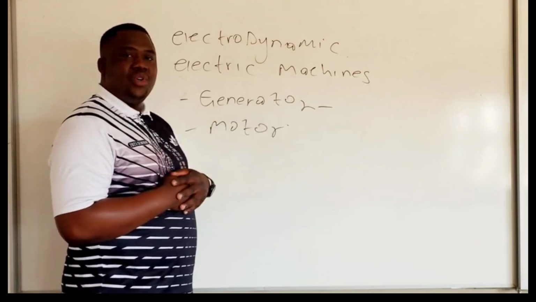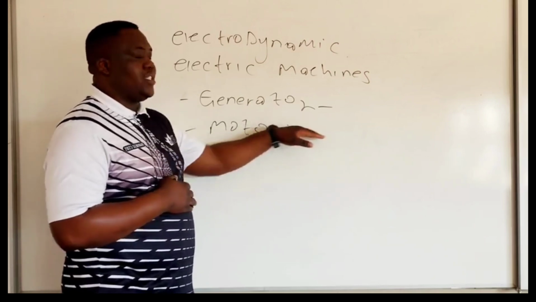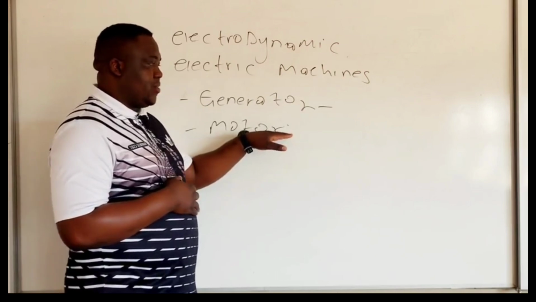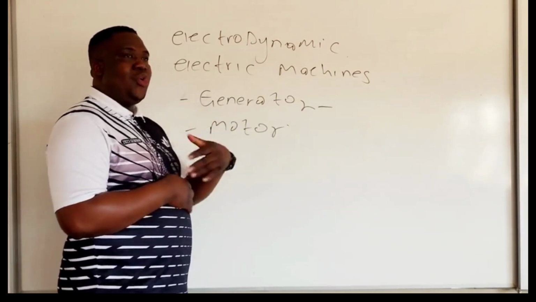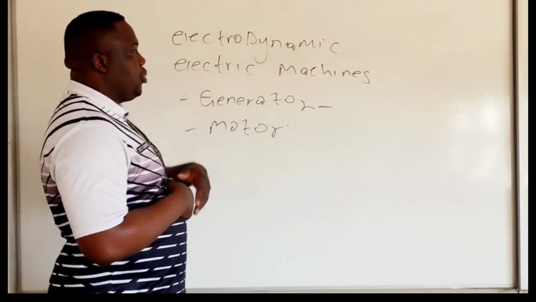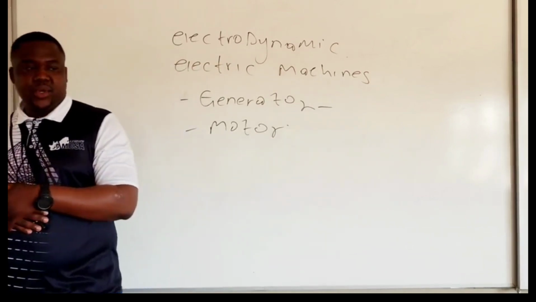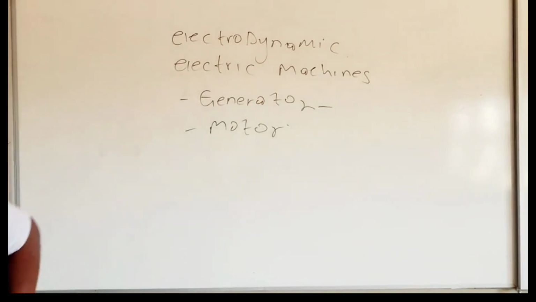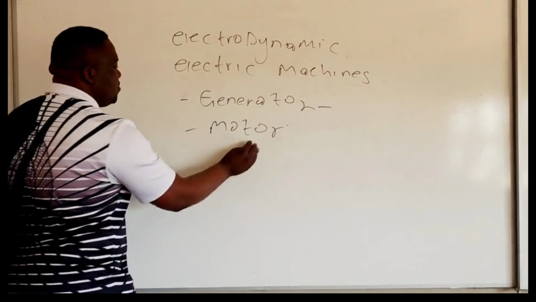And motors, these are also things that we use at our homes, like the fans, a fan that blows wind when it is hot. So we're going to explore them. This topic is called electrodynamics.